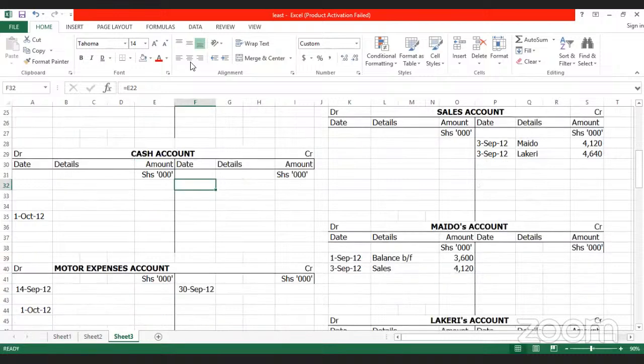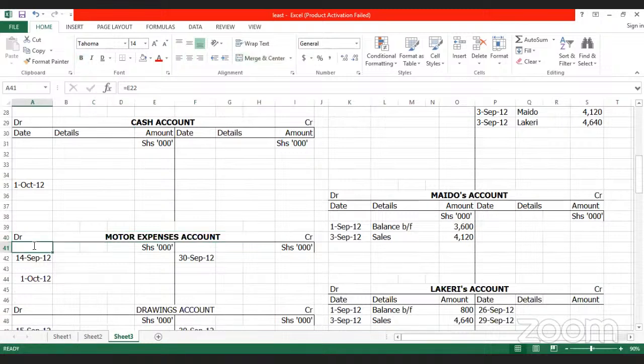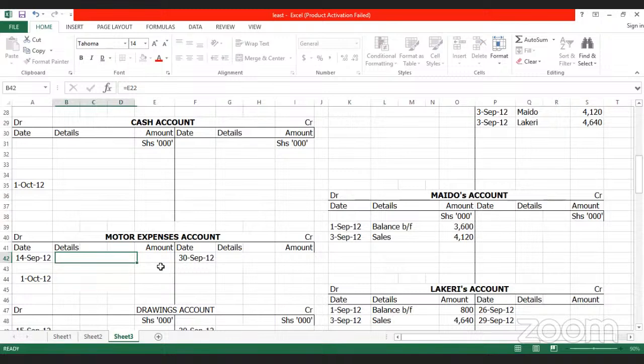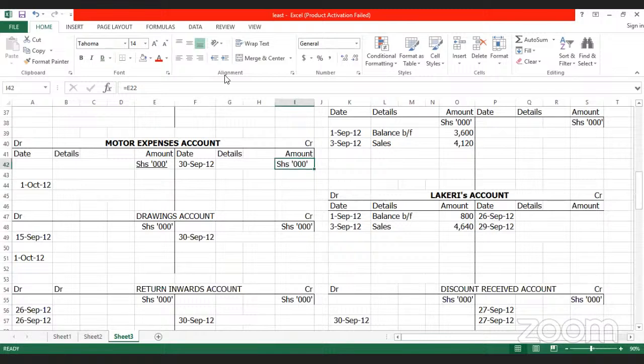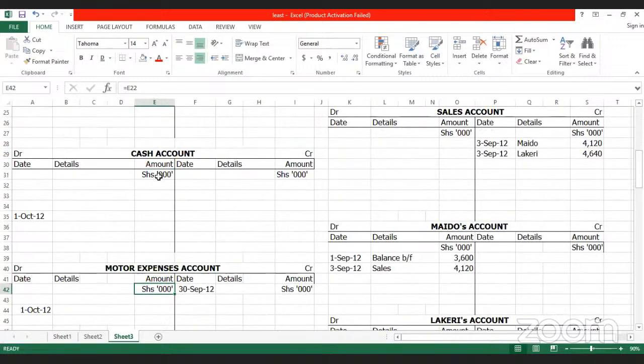Then I also need to come up with a motor expenses account, which is also prepared down here. This is my motor expenses account.